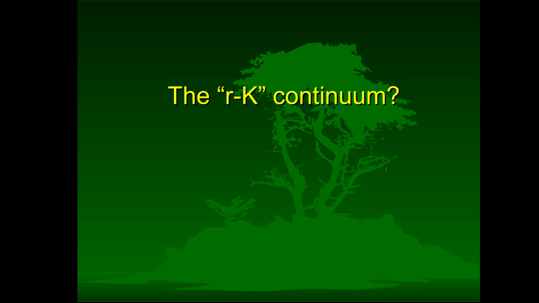We can also interpret the r to K continuum, or r habitats versus K habitats, and the resulting life history, fast versus slow, in terms of the logistic growth equation, which contains the parameters r and K. These come from the logistic growth equation.